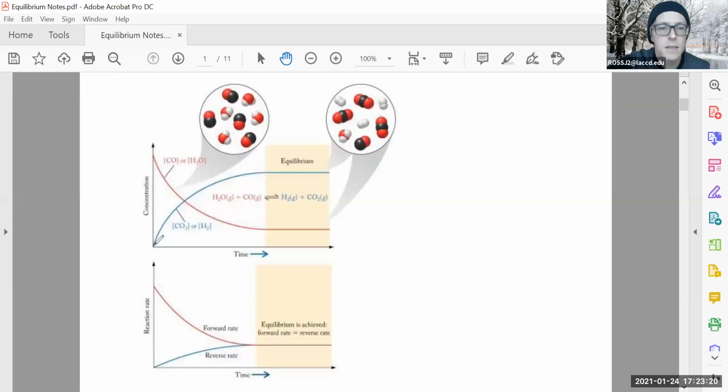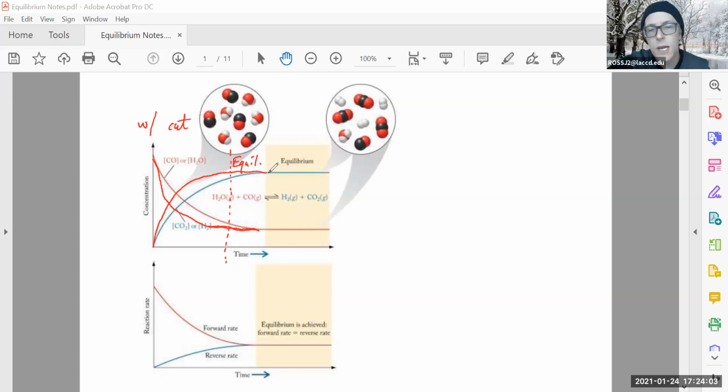If I added a catalyst to this graph here, it would just do everything a lot quicker. So pardon my shaky hand there, but this is supposed to be smooth. Okay. So if the equilibrium was established here, this would be with a catalyst.